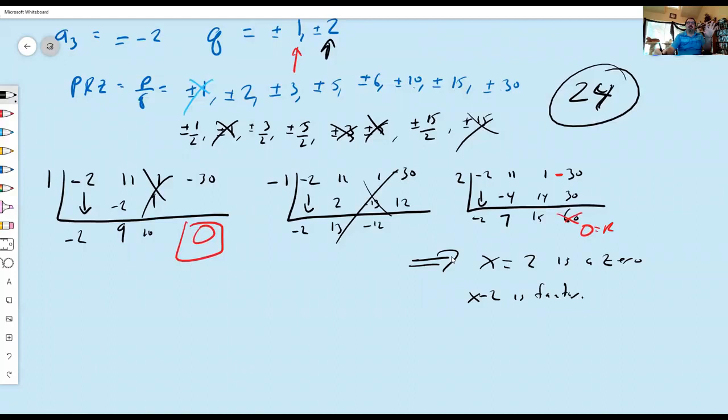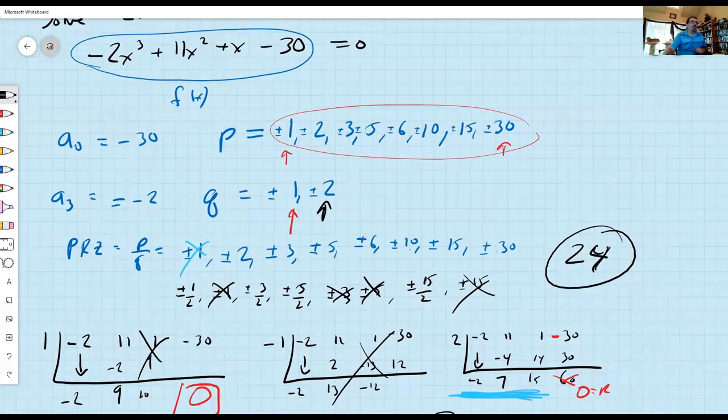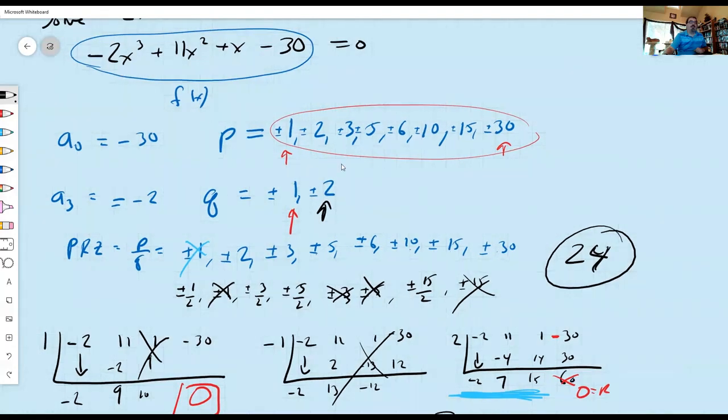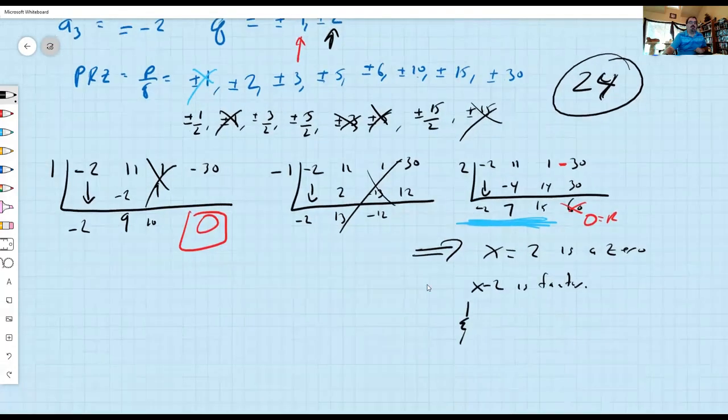Now here's the great thing. Factors occur in pairs. If x minus 2 is a factor and I divide by x minus 2, that means this answer right here is also a factor. Again, we started with minus 2x cubed, so our answer is going to start with x squared.